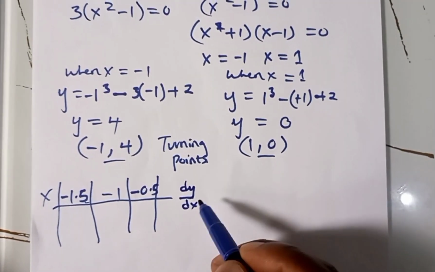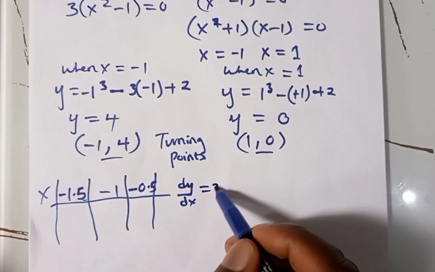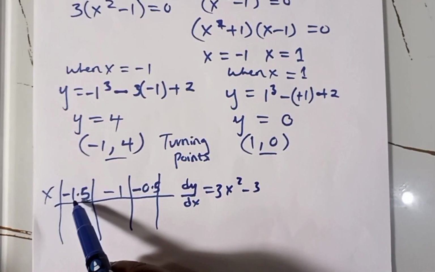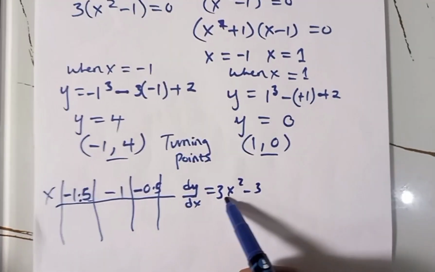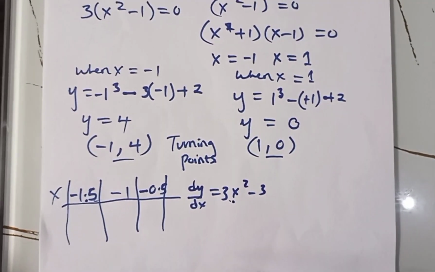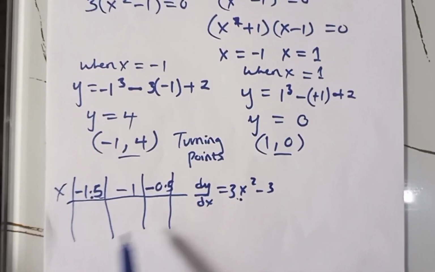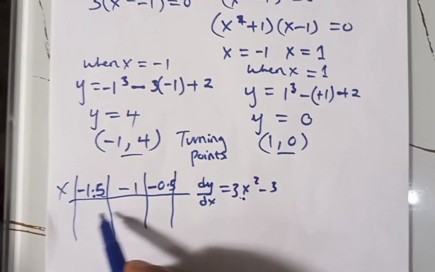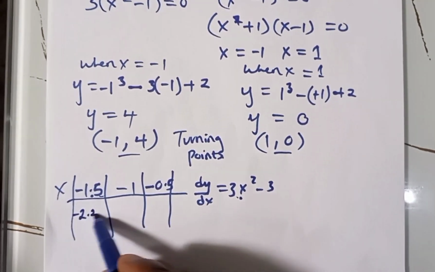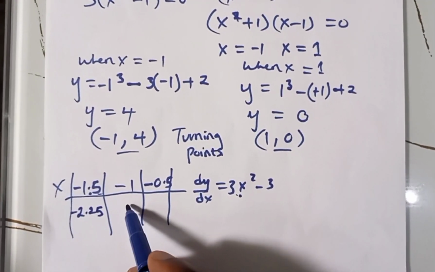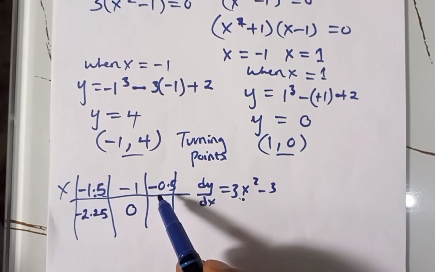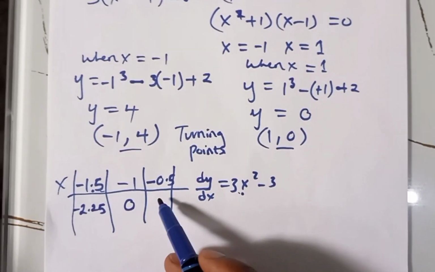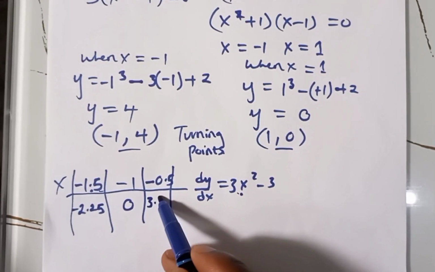So we test these with the gradient function dy/dx, which is 3x squared minus 3, by substituting the value of -1.5 on the calculator, and then we make an observation on the values that we get of the gradient, whether it is negative or positive.